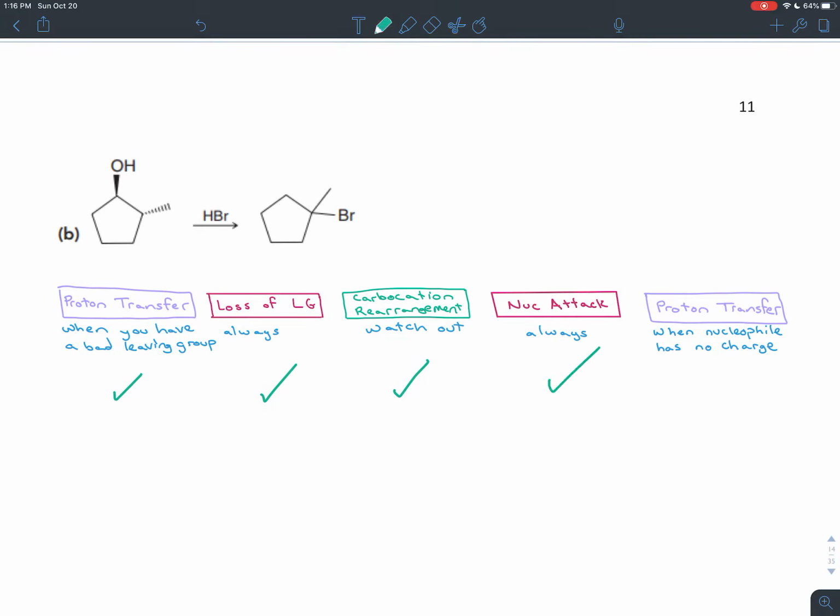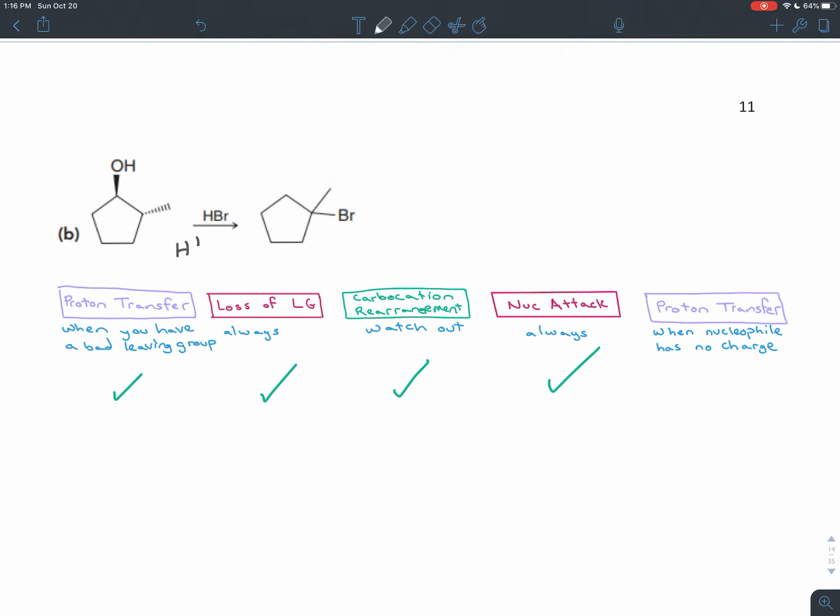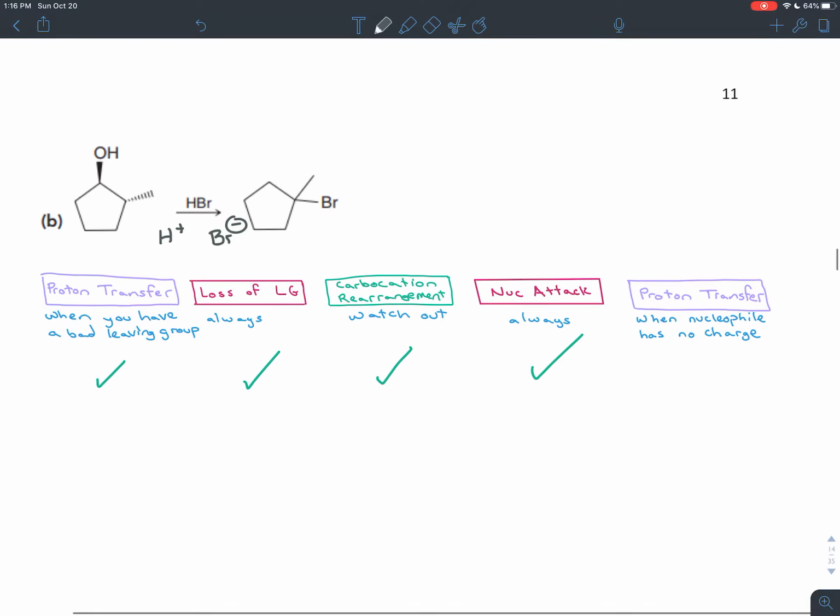You always have nucleophilic attack. And let's think about this proton transfer. We have HBr, one of those strong halo acids. So this effectively acts like H+ and Br-, because the 2 species split up very quickly when you put them into solution, because bromine is such an amazing leaving group, it'll just leave the hydrogen behind.